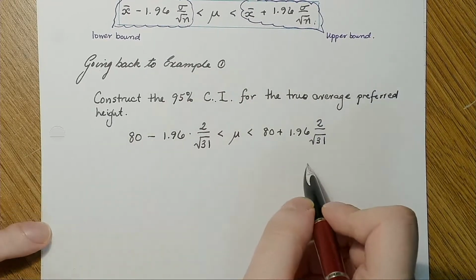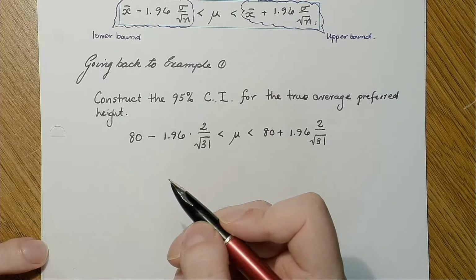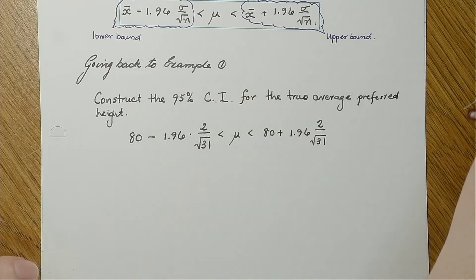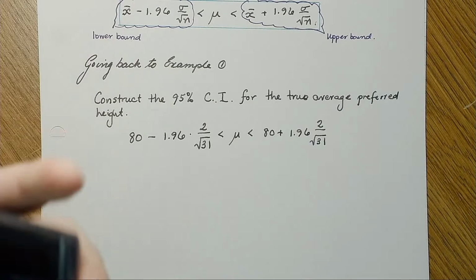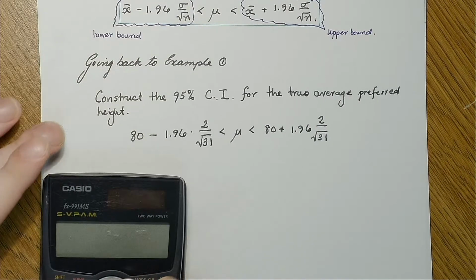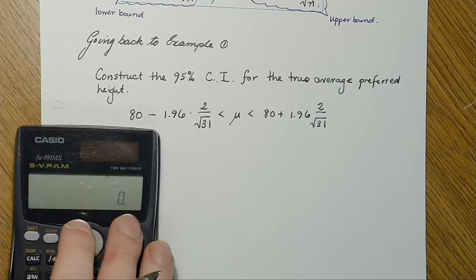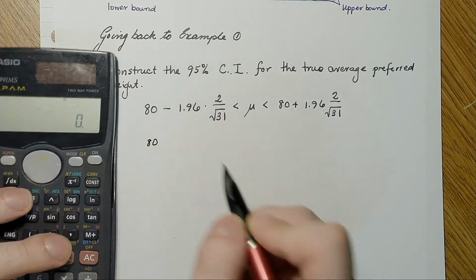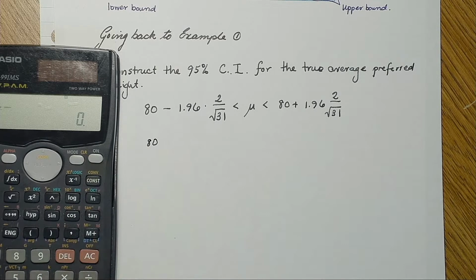So we have a confidence interval, and what I have to do is calculate that. So I pull out a calculator. I'll have 80, and over here I'll have 1.96 times 2 divided by the square root of 31.